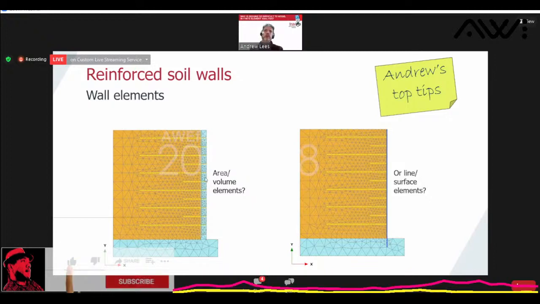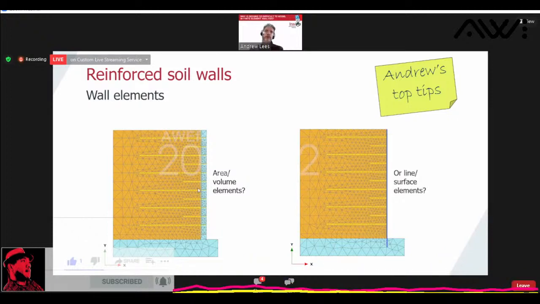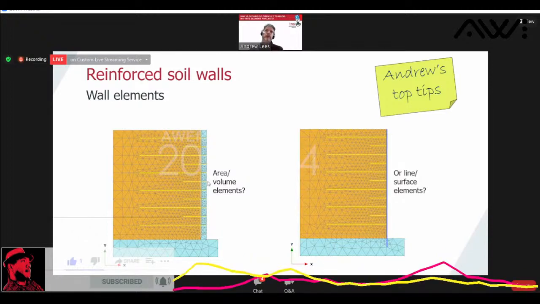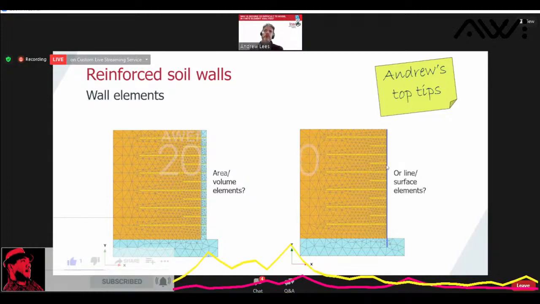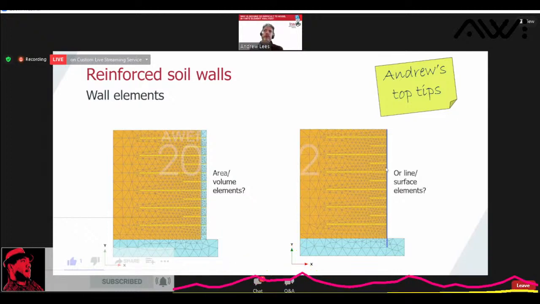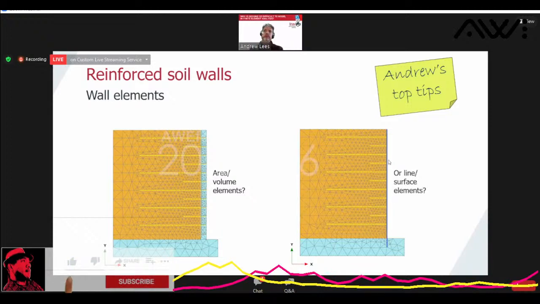When you've got a thickness here, the soil friction on the back of the wall actually helps to reduce deflections, but you lose that benefit here.